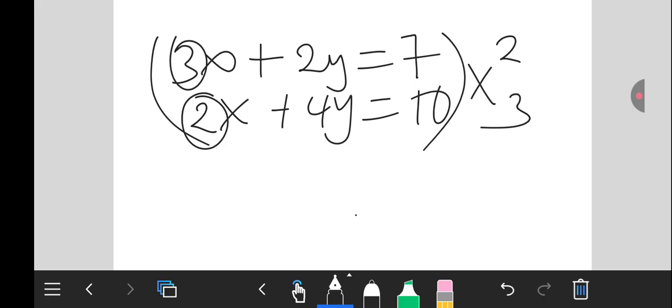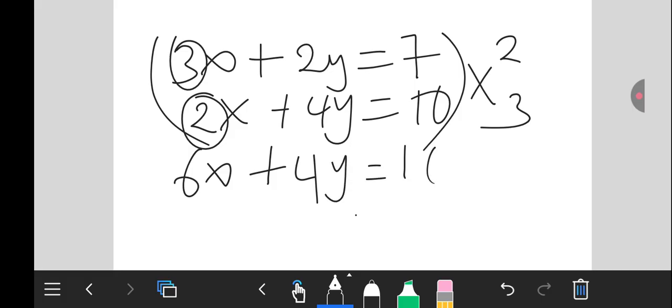What is 3 multiplied by 2? That is 6. So it will be 6x, then plus what is 2y multiplied by 2? That is 4y is equal to what is 7 multiplied by 2? That is 14. Then let's go now to the next equation at the bottom.